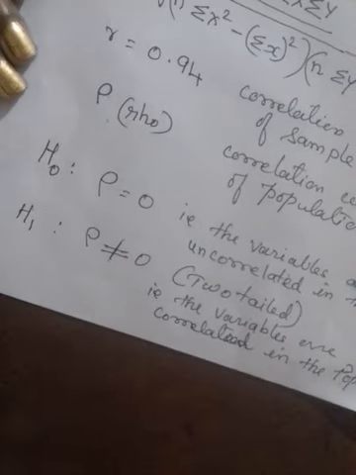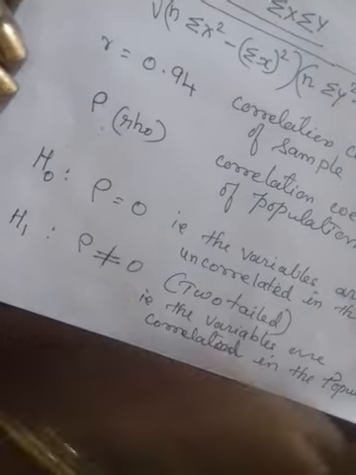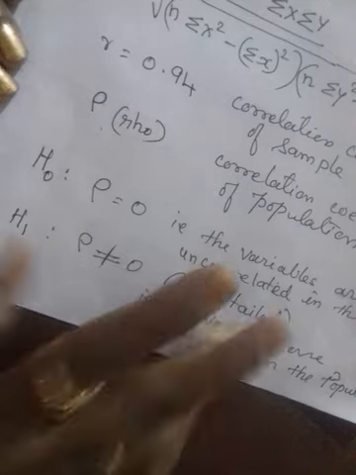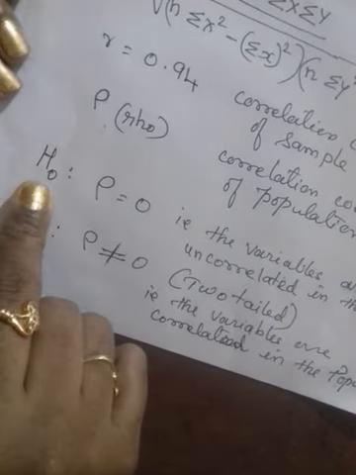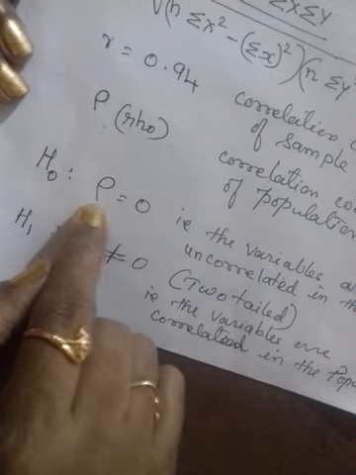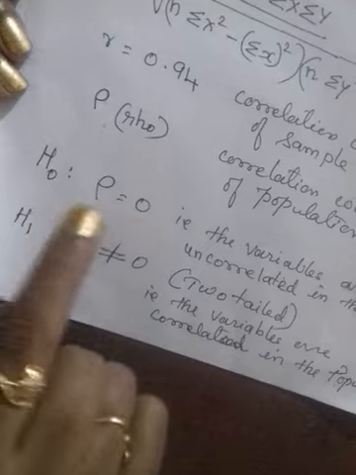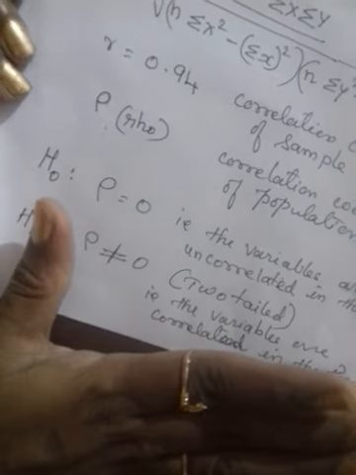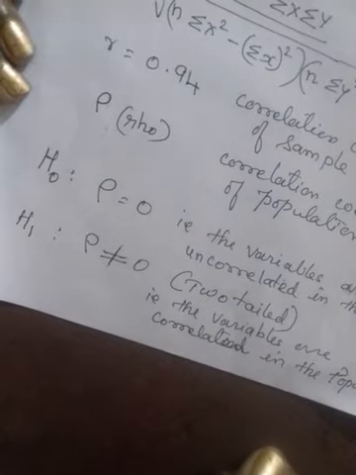Now we are going to set our null hypothesis. By using this R value, we are going to find out whether there is a significant relationship between two variables or not. Since we have taken the sample from the population, take rho is equal to 0. It means the variables are uncorrelated, meaning there is no significant relationship between the two variables.